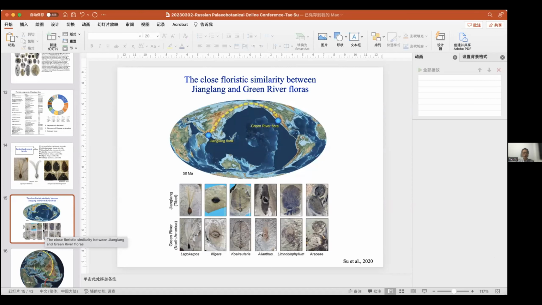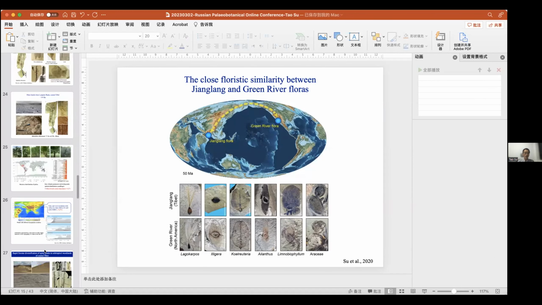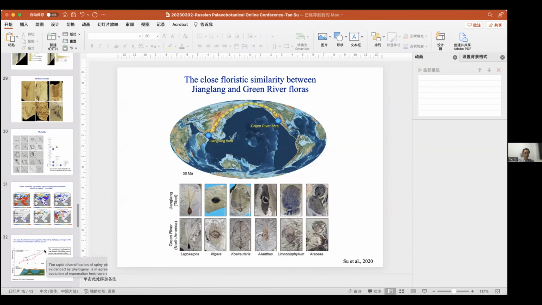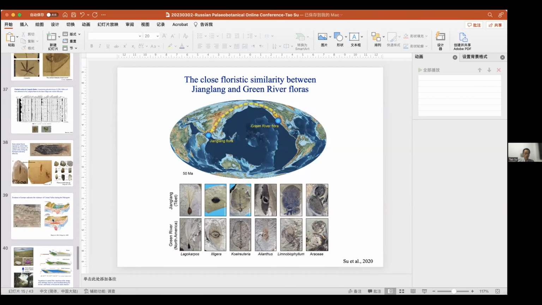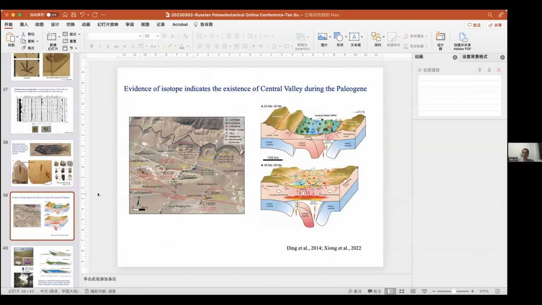In the geological past, the topography of the central part of the Tibetan plateau was very complex, and we think there should have been a central valley in the central Tibetan region, accompanied by the collision between the Indian and Eurasian plates.